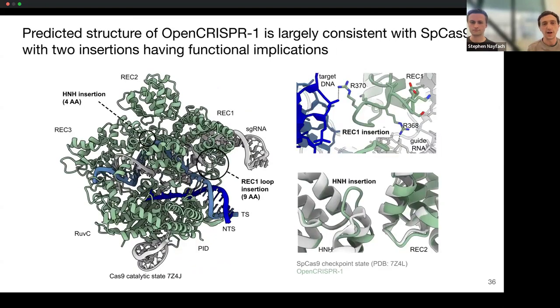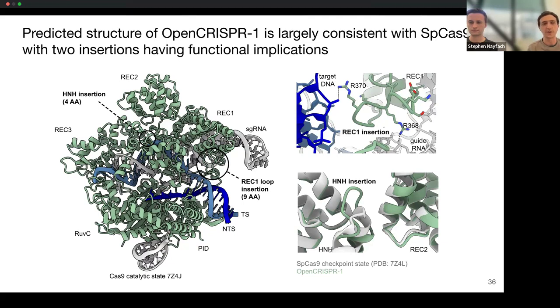Overall, the structure of OpenCRISPR-1 was fairly similar to that of SP-Cas9. However, there were several notable differences that included an insertion in the REC1 loop. This insertion is predicted to make sequence-specific contacts with both the target DNA and guide RNA.